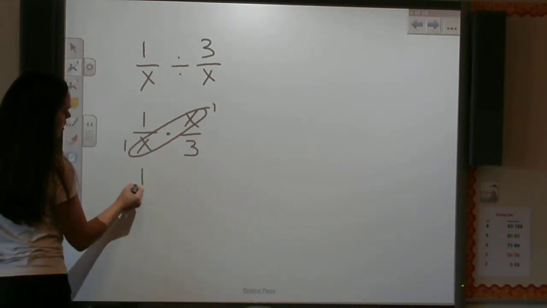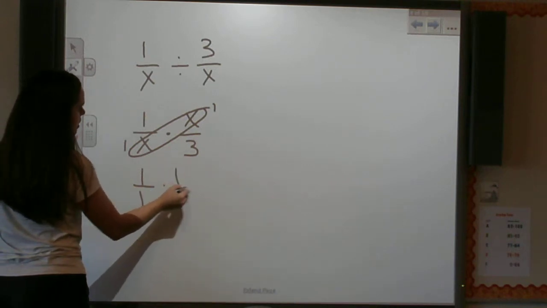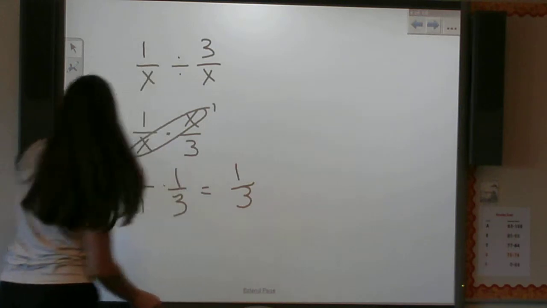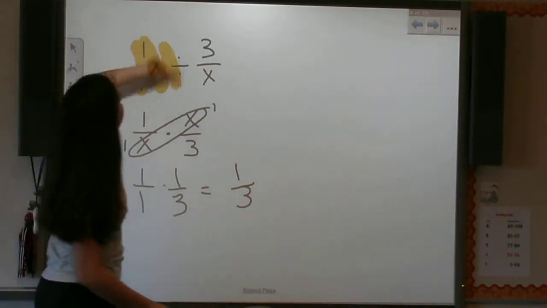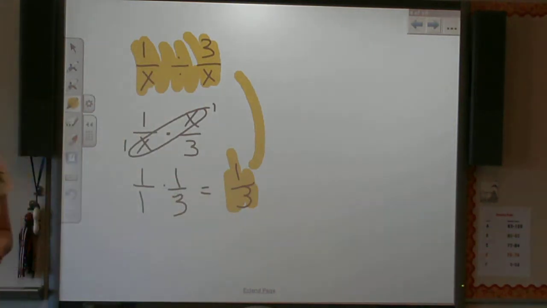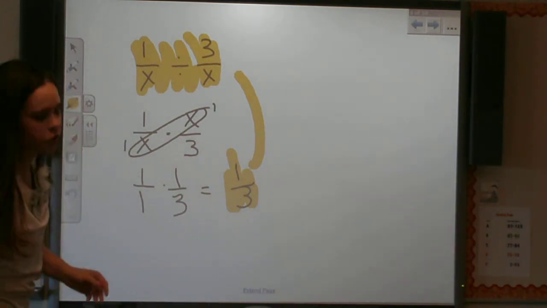So I'm left with 1 over 1 times 1 over 3. So I have 1 over 3. So 1 over x divided by 3 over x is equal to 1/3. Okay? So you have to remember to make sure you multiply and flip.